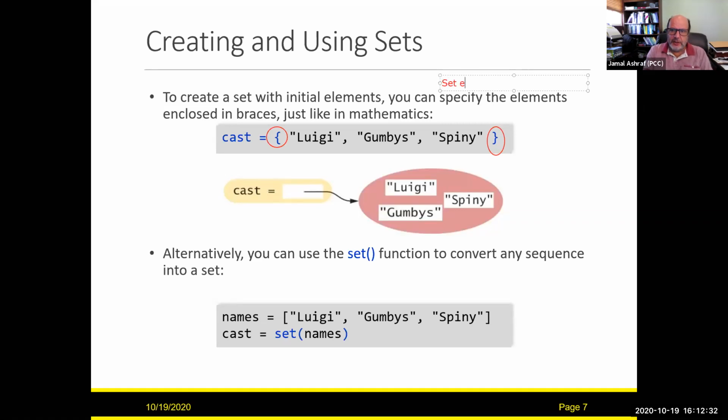Set elements are not ordered. So you put them in this order, first one, second one, third one, and it is not going to stay in that order, or it's not going to be saved in that order. Your book is using something similar to this, where they are not right after each other. It's going to be in some order somewhere.